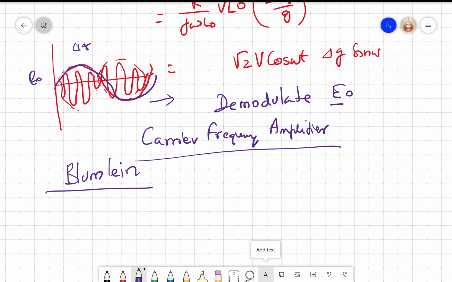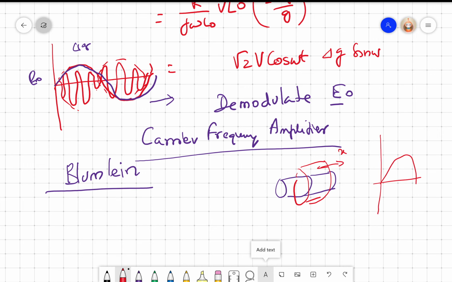One inductive sensor has two coils and a slotted sleeve, just a copper sleeve moving by X. The inductance has a sine wave shape, right?